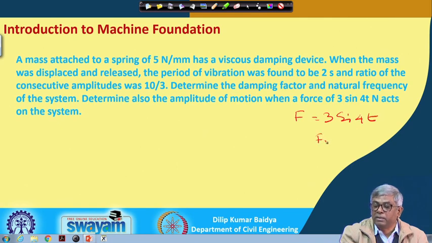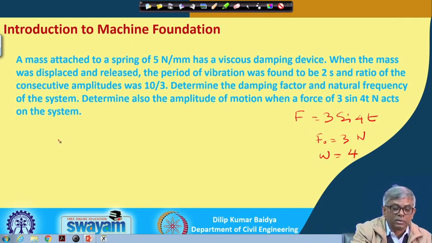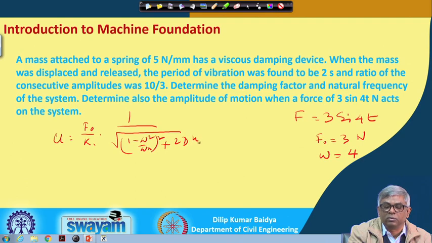So, that means, as I have mentioned, F naught is 3 Newton and omega is 4, and your expression for u equals F naught by k and 1 over under root of 1 minus omega over omega n whole square, whole square, plus 2 d omega over omega n whole square.